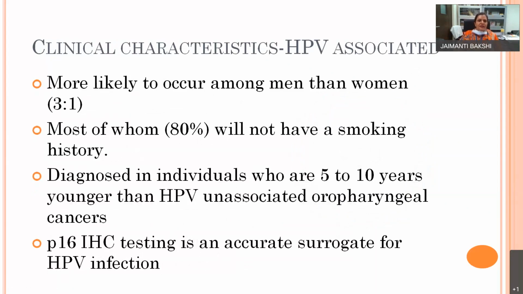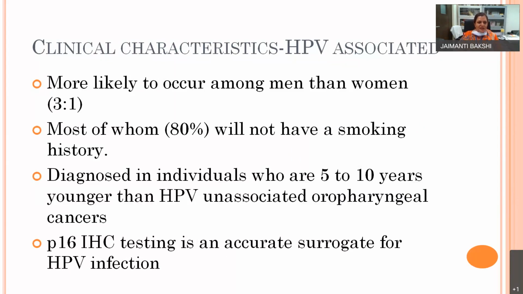So what are the clinical characteristics of HPV-associated oropharyngeal cancer? The clinical characteristics of HPV-associated oropharyngeal cancers are slightly different from HPV non-associated oropharyngeal cancer. These cancers more commonly occur in men than women, with a ratio of 3:1.